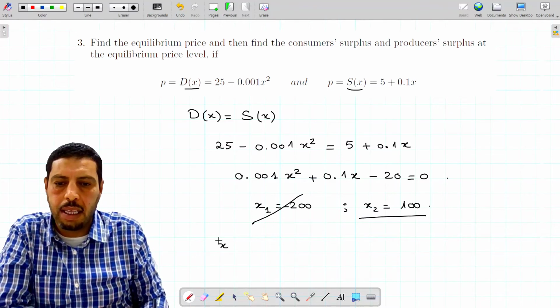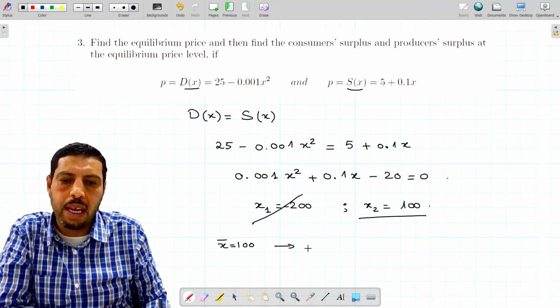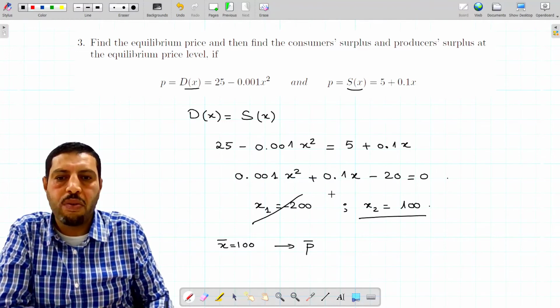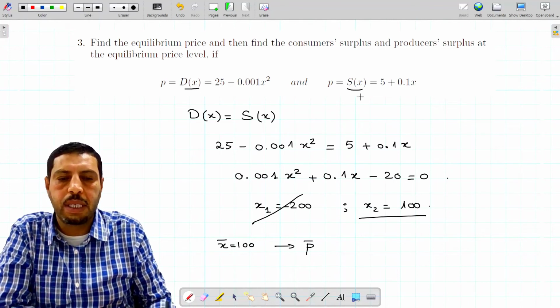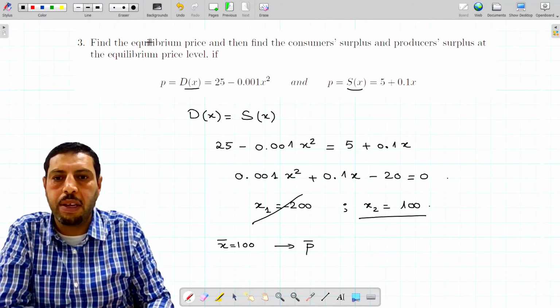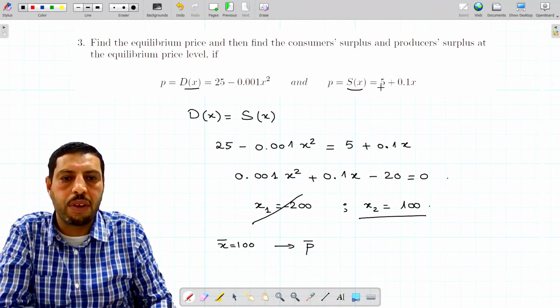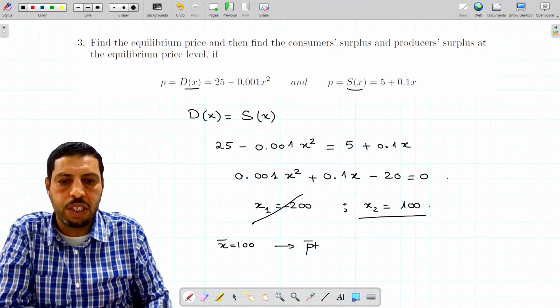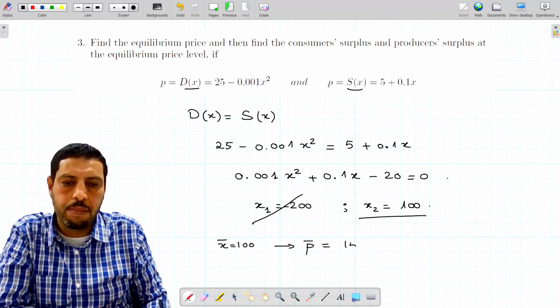Since x bar is equal to 100, we can compute p bar using one of the demand or supply equations, since they are equal at the equilibrium price. I will use, for example, the second one because it's simpler. So 5 plus 0.1 times 100, so it's 5 plus 10, which is 15. So the price is $15.